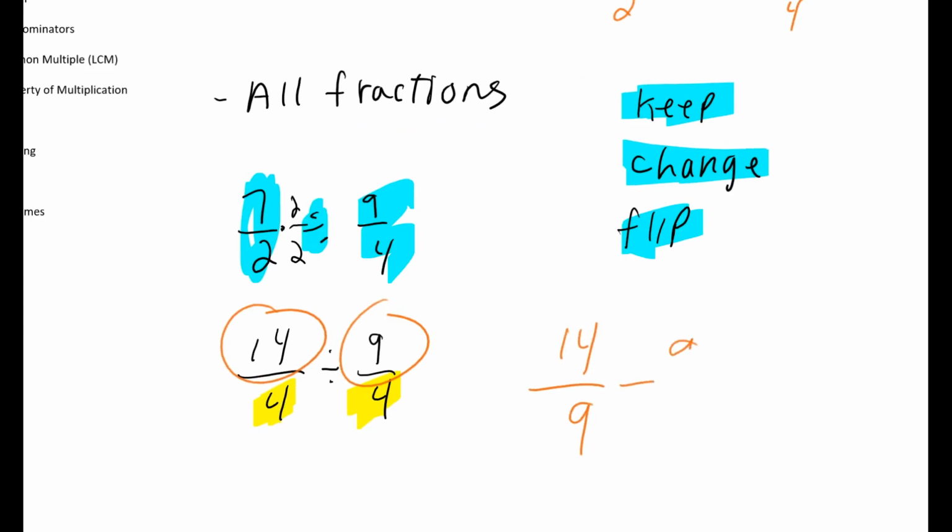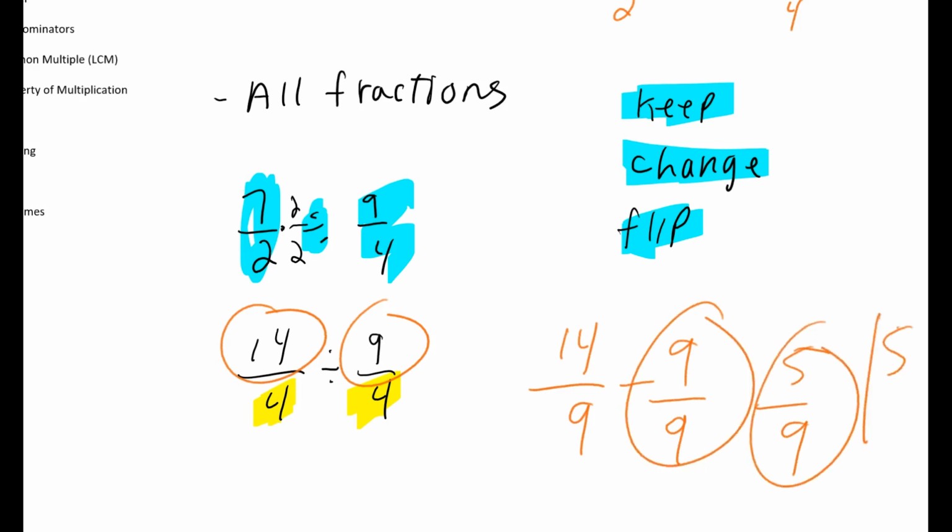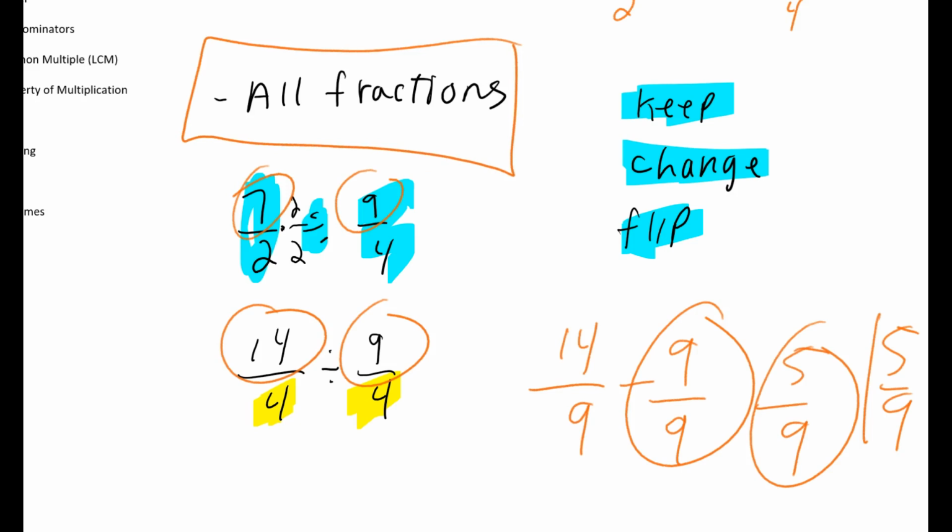And I pull out my 9, my whole number, 5 ninths, and then with 1 and 5 ninths. So it doesn't matter how you do it. Keep, change, and flip, or find common denominators and put your left numerator over your right numerator. But no matter what method you use, you have to have all fractions first. Have fun with it and play with the different methods.